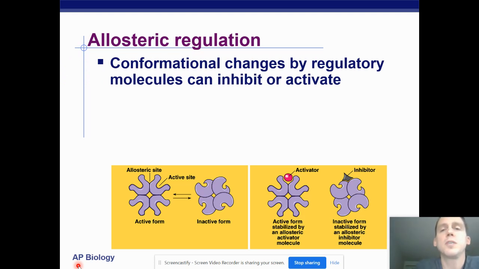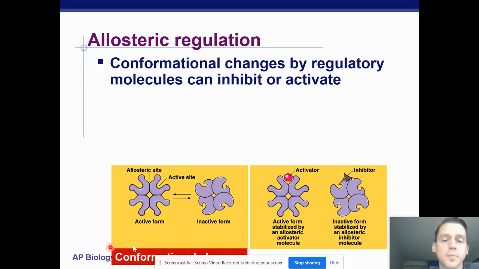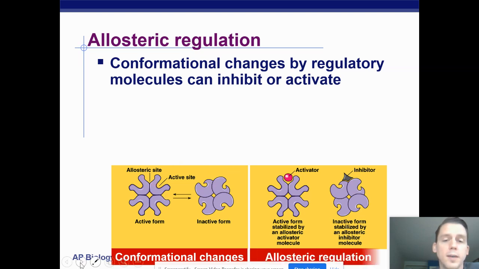Okay. There's also allosteric regulation. So we can turn on or turn off enzymes with the allosteric site. It's a conformational change caused by regulatory molecules that can inhibit or activate. So we see conformational changes are happening due to allosteric regulation.